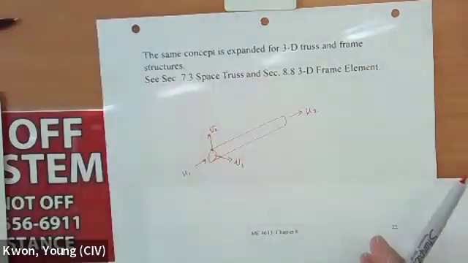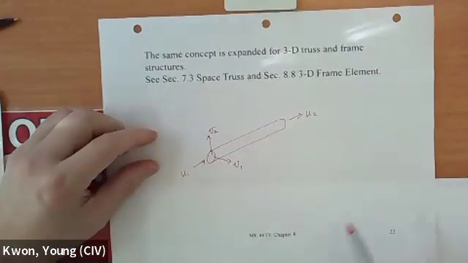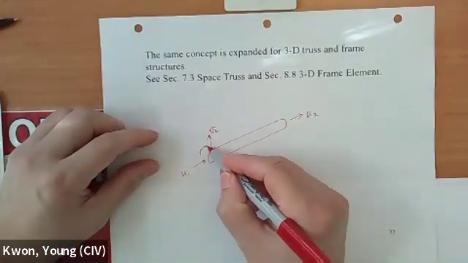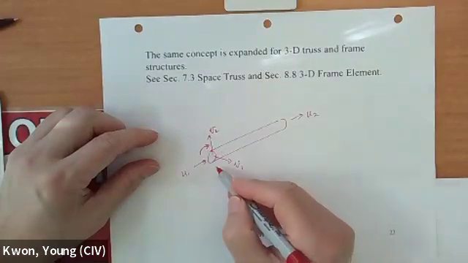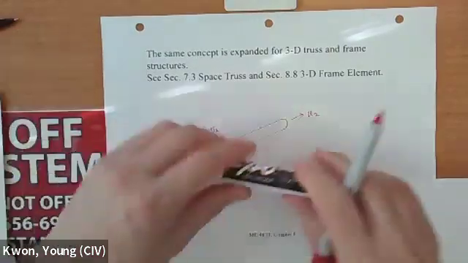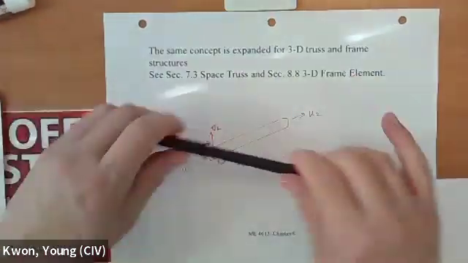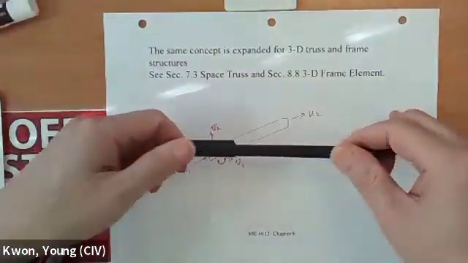Okay, true. And also you have the corresponding moment, this way rotation, and also about this one too. So you got two different rotations. In other words, one is a slope like this, the other is a slope like that.